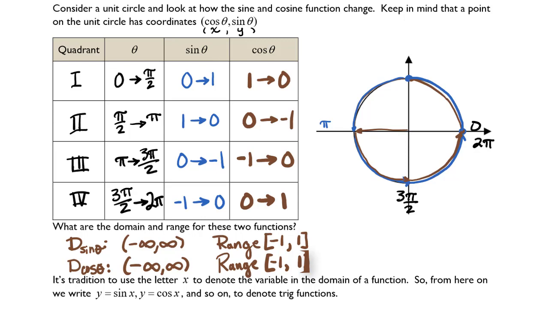But keep in mind that the sine of theta is basically keeping track of how high you're going around the unit circle, high or low, and cosine of theta is keeping track of how far left or right you would go around a unit circle. So we're kind of mixing the two together, but I think as you practice these, you'll see the context for which one can be used more appropriately than the other.